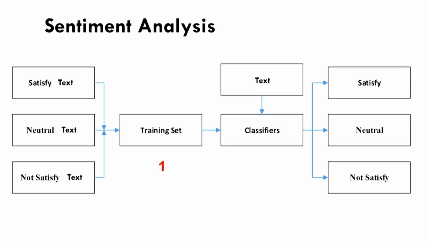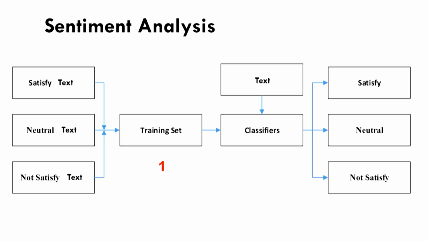First of all, let's understand what we mean by sentiment analysis. Basically, sentiment analysis consists of three parts. The first part is called the training sets. It's like a dictionary. I feed the system, whether automatically or manually. I can add some local accents in order to feed the system, whether it is a good word or satisfied word, neutral word, or not satisfied word, that's bad words.